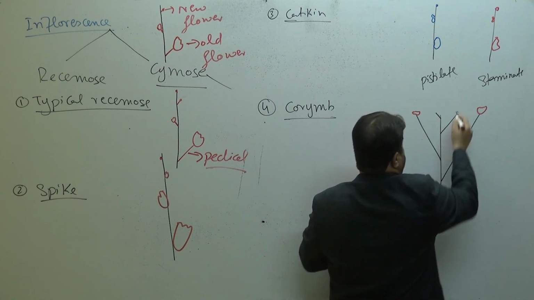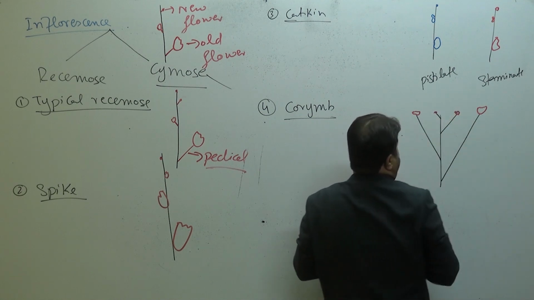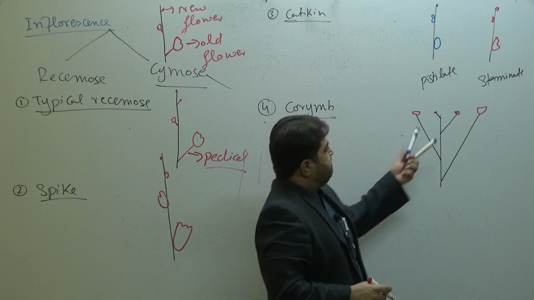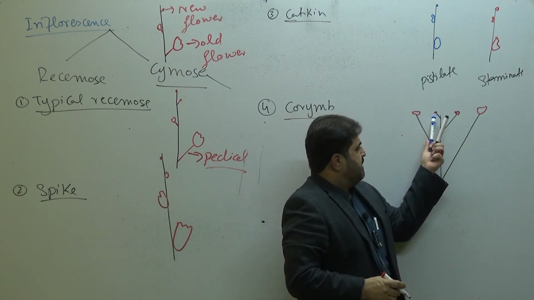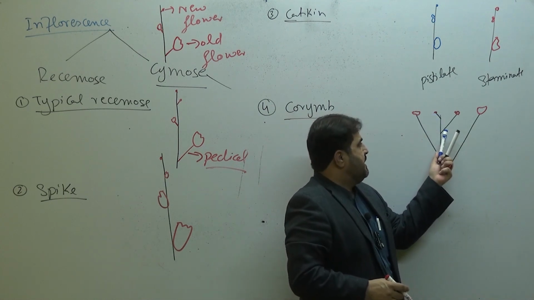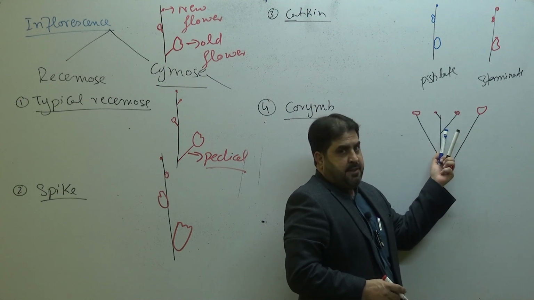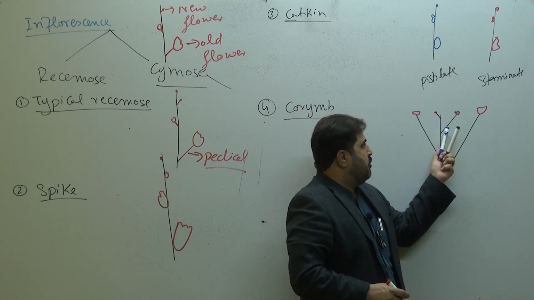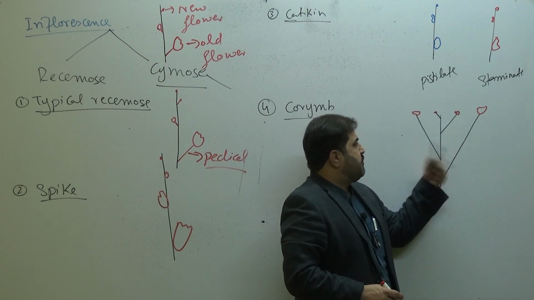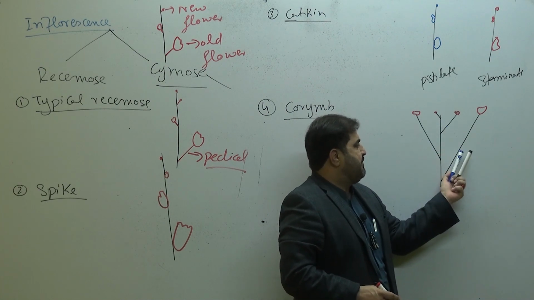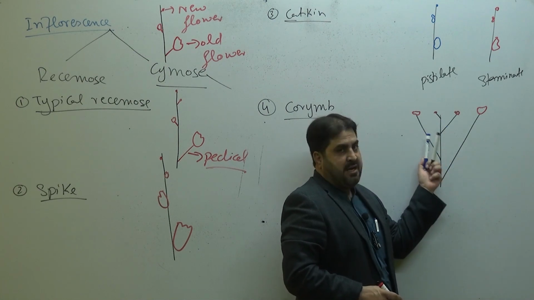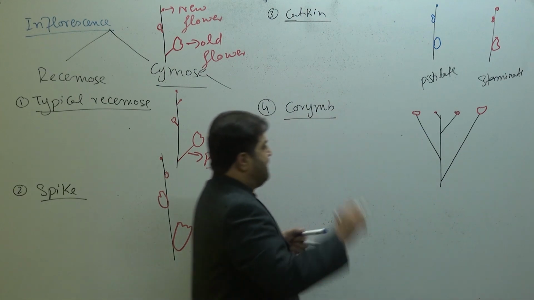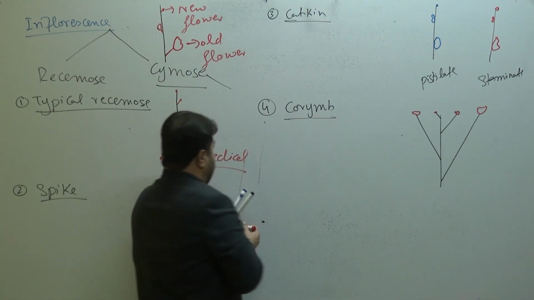The flowers will be in the same row. The pedicels of the new flowers are smaller than the pedicels of the old ones. So we can say that the pedicels of the old ones are longer than the new ones, and that's why all the flowers are in the same row.